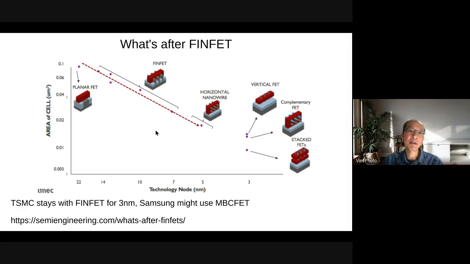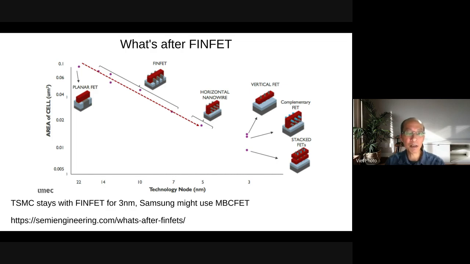By the way, I think this is to say that even though FinFET has run its course and is at the end of its life, TSMC still stays with the FinFET for 3 nanometer. This year, Samsung is coming out with the Galaxy S22, and it will have 4 nanometer, along with Apple.